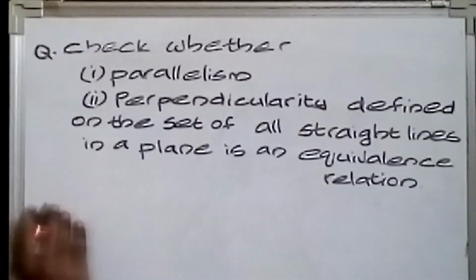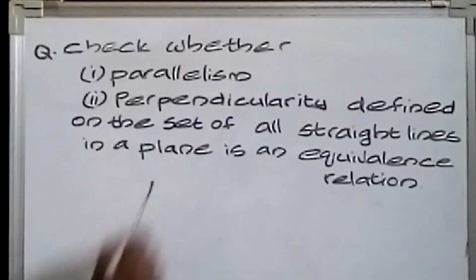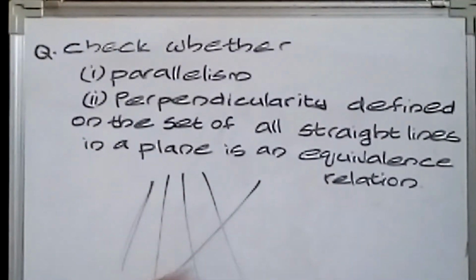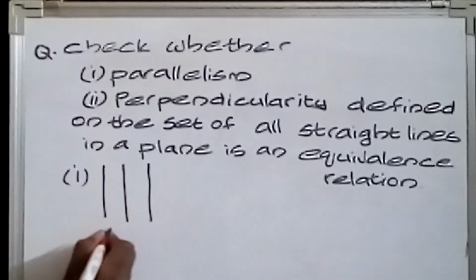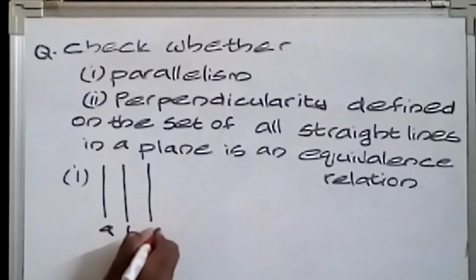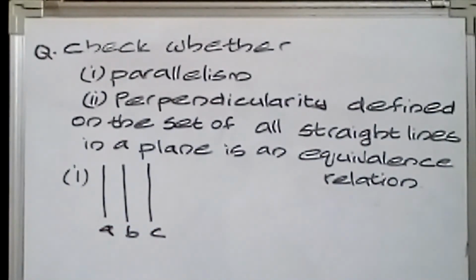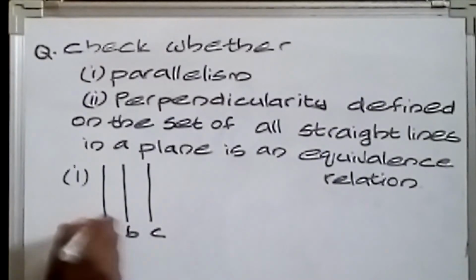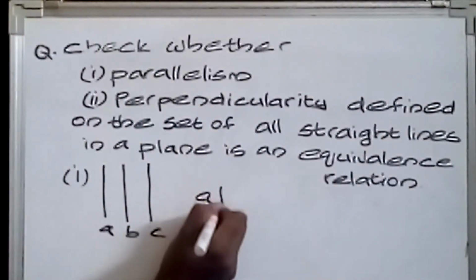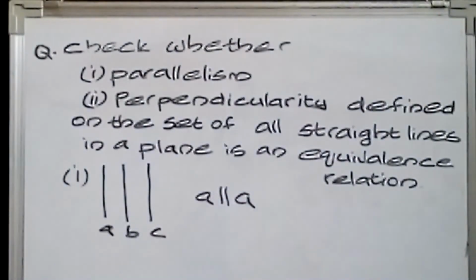Let us take a plane with many straight lines, and let us take three lines A, B and C. Since a line is parallel to itself, A is parallel to A itself. Therefore, the relation is reflexive. For any straight line, the line is parallel to itself. Therefore, parallelism is reflexive.